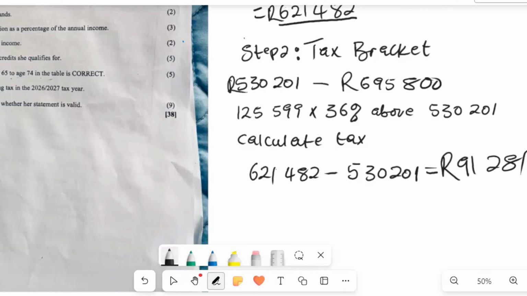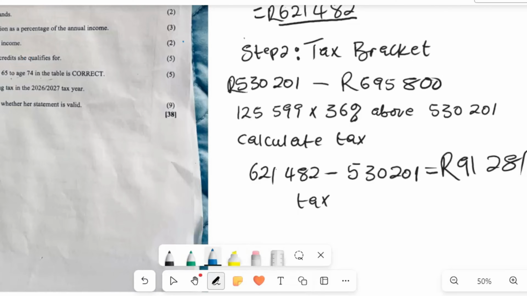It's fine. So the tax on this money, we have said, is 36% of that amount.